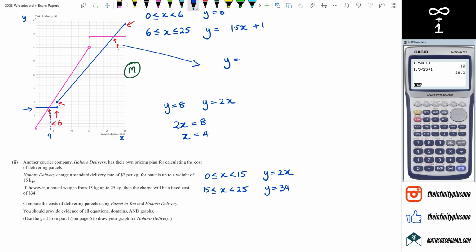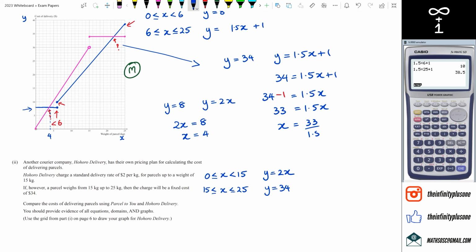We know that y equals 34, and the other equation is y equals 1.5x plus 1. So we're going to put 34 equals 1.5x plus 1. Rearrange it, we get 34 minus 1 equals 1.5x. So we've got 33 equals 1.5x, and x equals 33 divided by 1.5. Of course, I can't remember this.